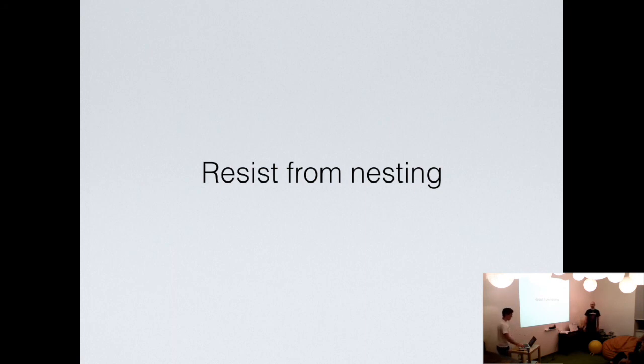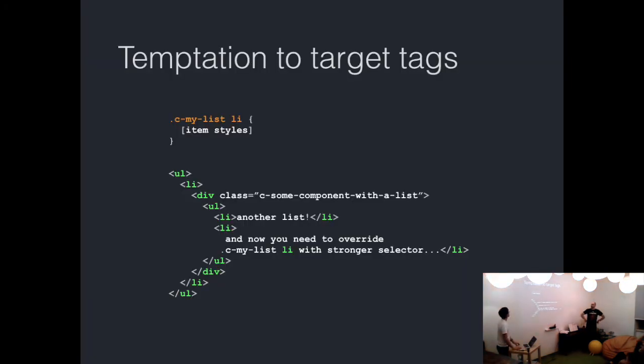To put it in an example, it's very common: you've got a list, and you are very tempted to just use li. Let's just assume that we have this single top-level list. So we add this inner list later in time because the designer wanted it. It works, it's pretty quick. You think it's cool, and then there are.